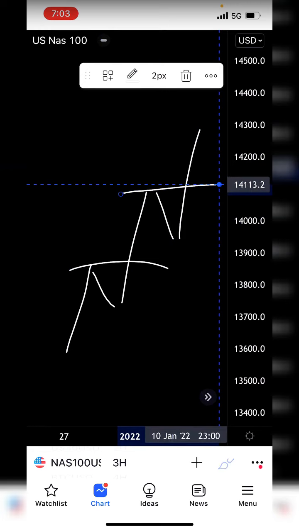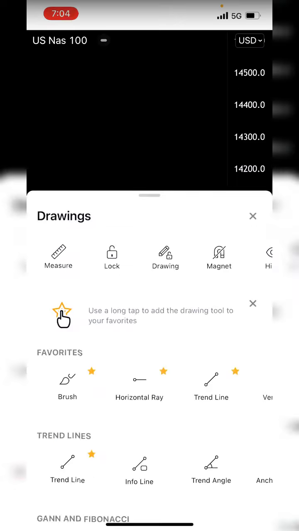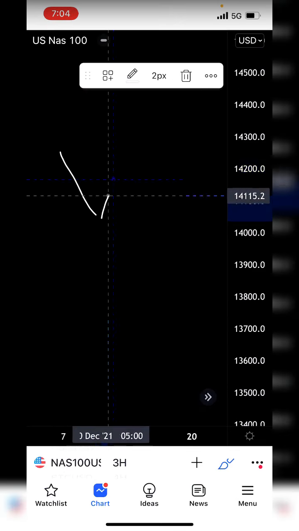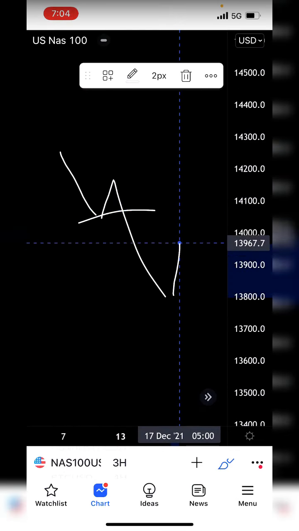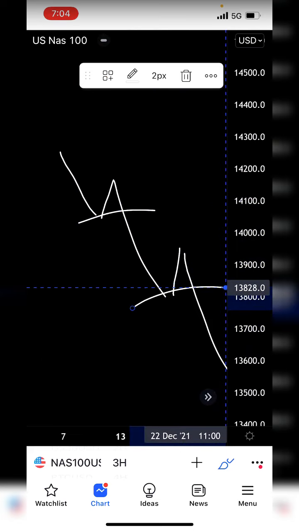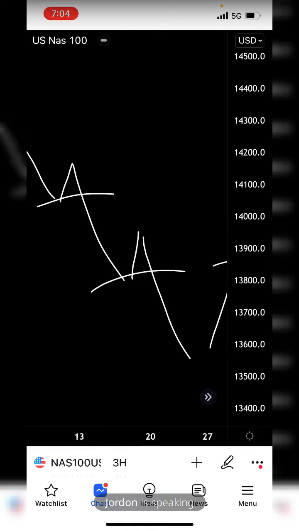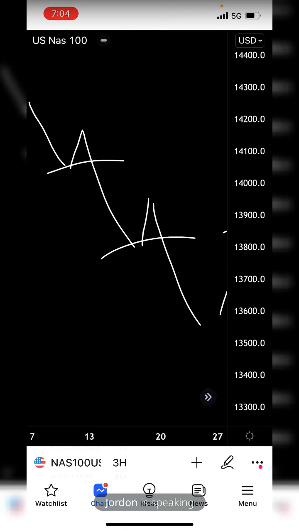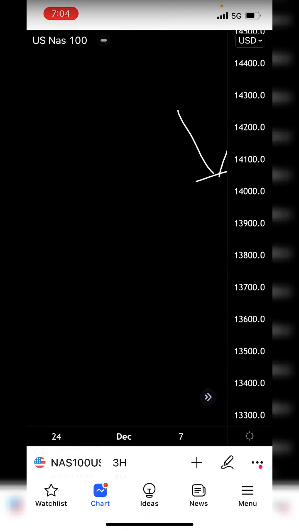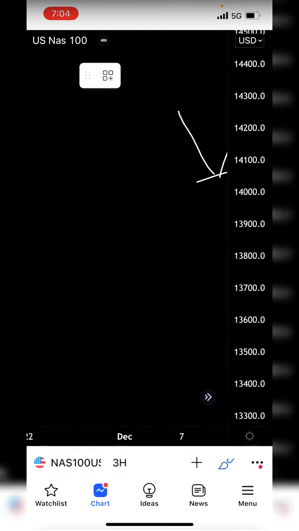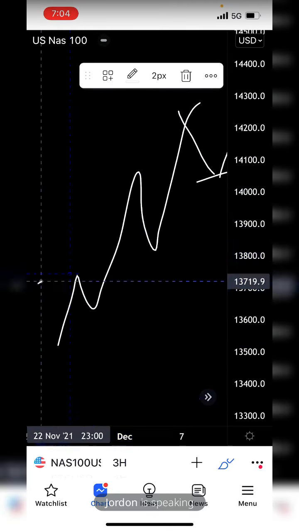Same thing with lows. You just want to keep seeing price break the low. So you want to see break the highs, break the lows. If it's not doing that, then it most likely might consolidate or go back the other way, start breaking that way.